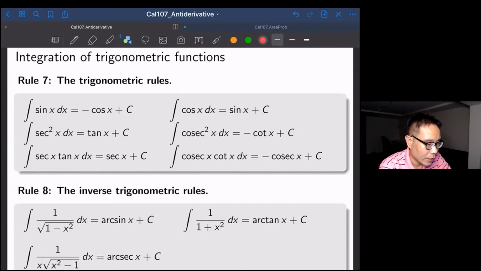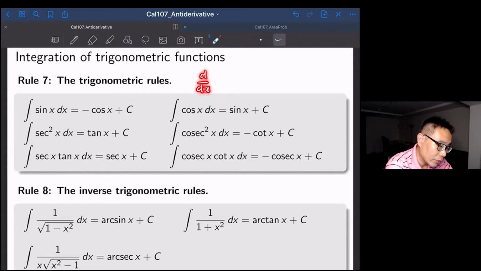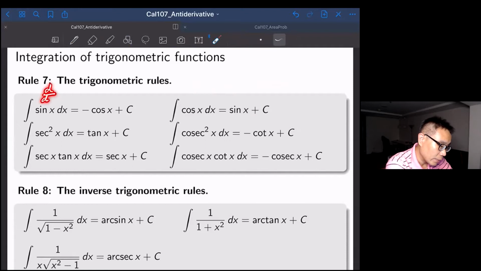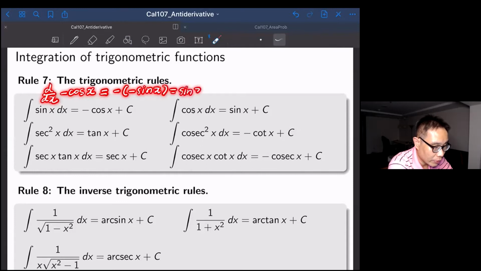So if the derivative of sine x equals cos x, then integrating cos gives you sine x. And the derivative of negative cos equals sine, so integrate sine equals negative cosine.